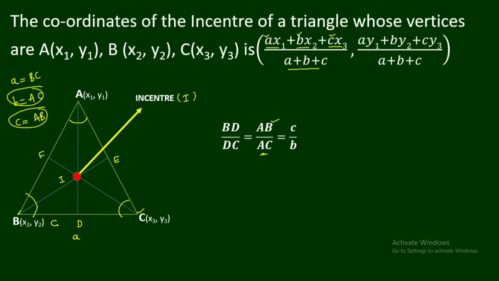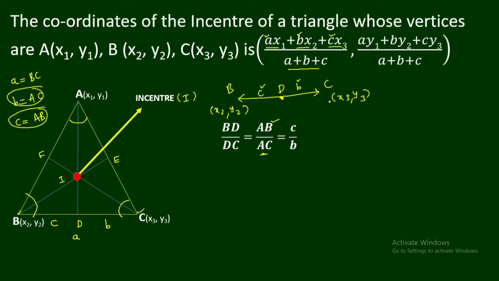So here I can write this as c and b. Now D divides B and C in the ratio c is to b, that is BD is to DC is c is to b. Now B is (x2, y2), we know that, and C is (x3, y3), and the ratio we know.